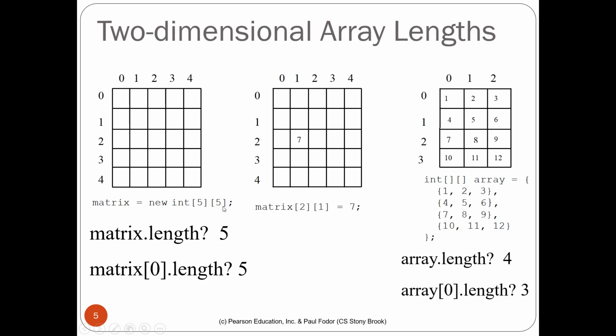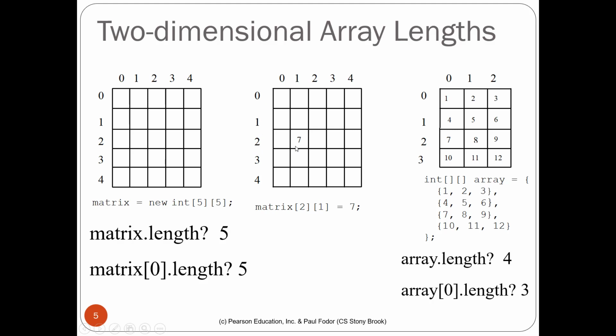Okay, good. So now let's have a look at this second statement. When you're saying matrix 2 1 is equal to 7, what does that mean? Well, that means you're referring to an element in this matrix array, which is two-dimensional. Its row index has to be 2, which means you will come this way: 0, 1, and 2.